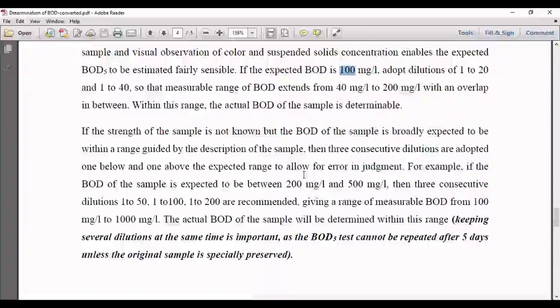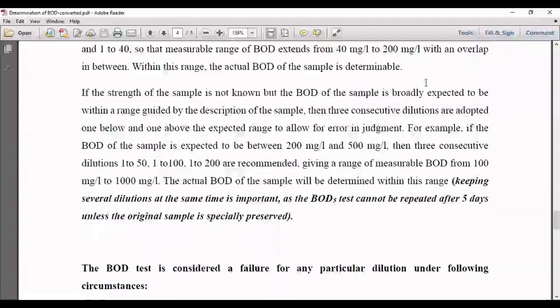Now, if the strength of the sample is not known, but the BOD of the sample is broadly expected to be within a range guided by the description of the sample, then three consecutive dilutions are adopted, right? So we don't know the expected BOD value, but what we can say is that the BOD of the sample is broadly expected to be within a range guided by the description of the sample.